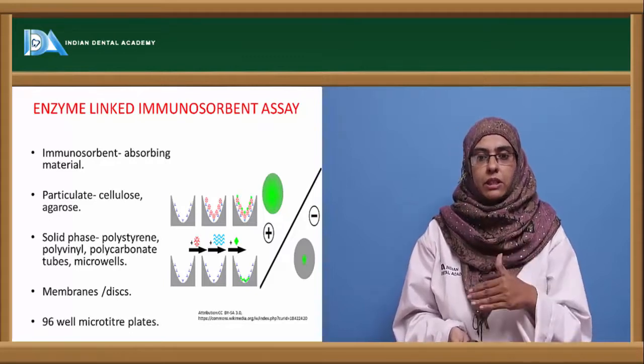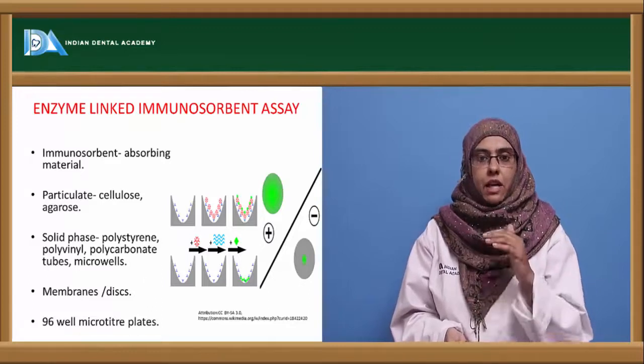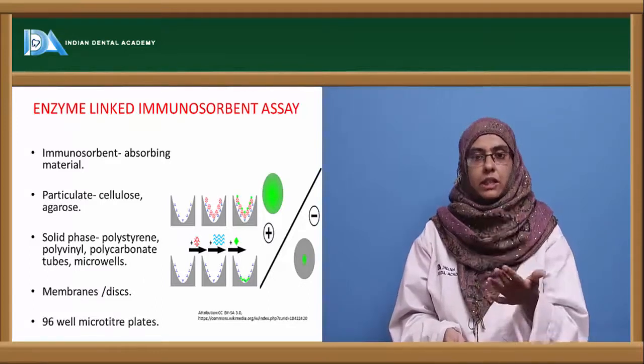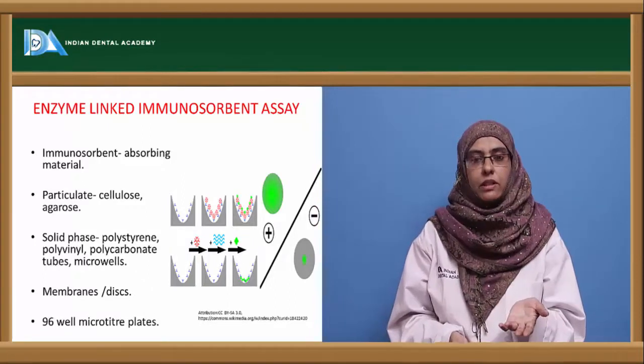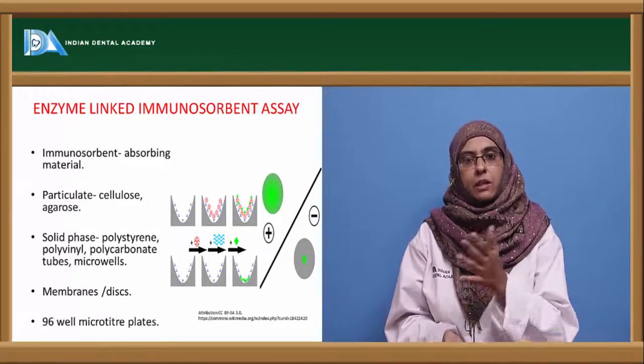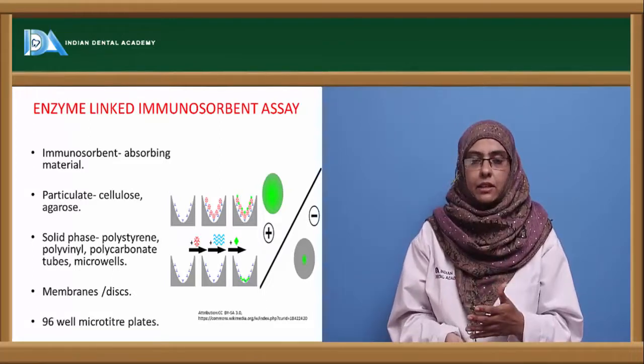First, the antibody that is fixed onto the plate will interact with the antigen. After this, the secondary antibody that is labeled with the enzyme will be added later on with the substrate so that the enzyme can convert the substrate into a product. This is called as the indirect ELISA.